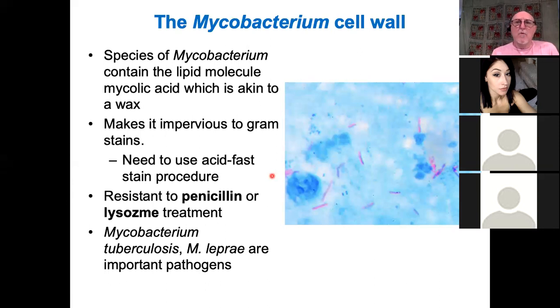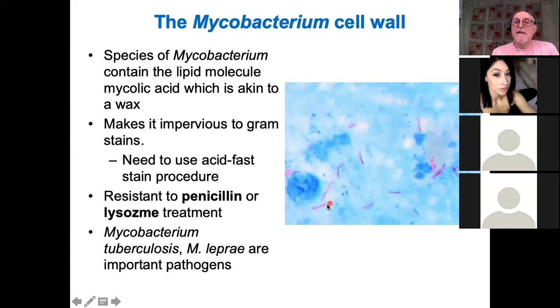I don't think you will do this, but you may see it in lab. We use a special technique called the acid-fast stain procedure. And the acid-fast stain procedure produces a very characteristic red coloring. Here you see them.